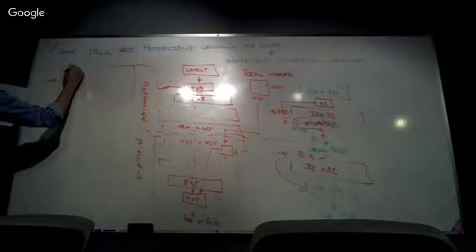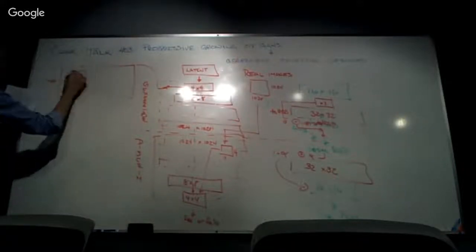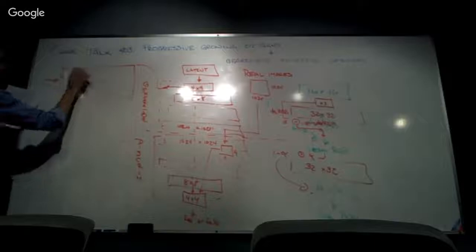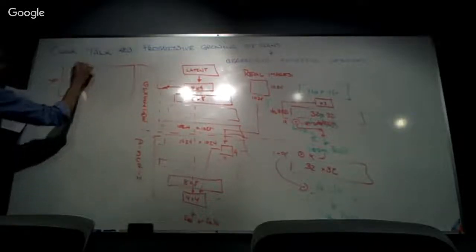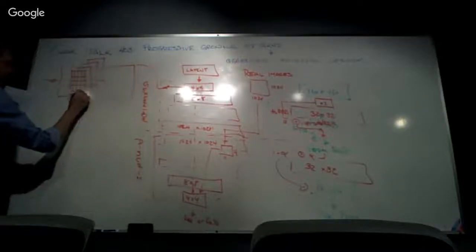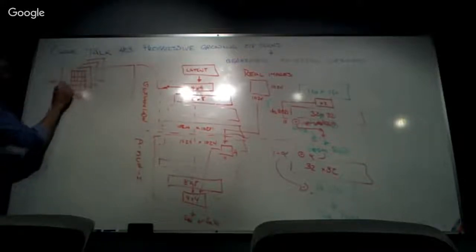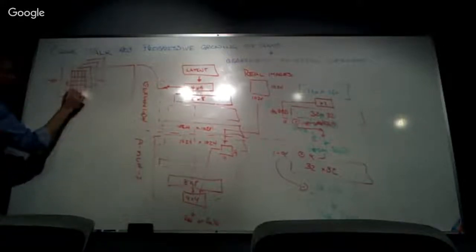So we're going to have a 4x4 convolutional, right? But we're going to have 512 layers. So each one of these layers is a 4x4 convolution.